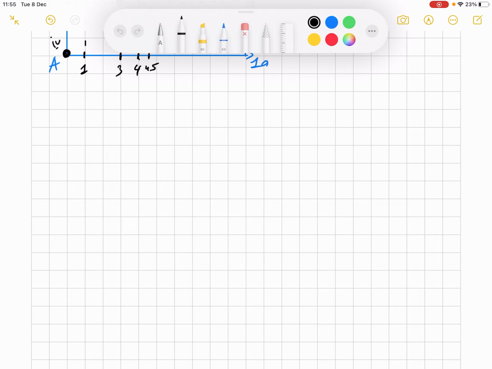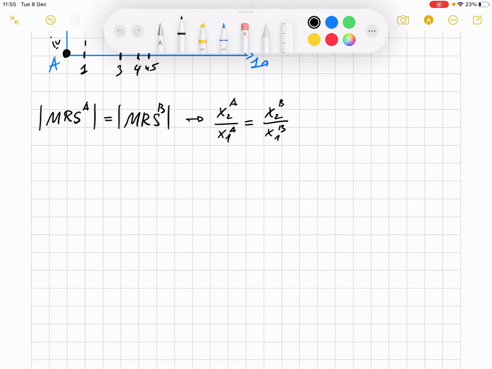The Pareto set satisfies the condition that the marginal rate of substitution of A should be equal to the marginal rate of substitution of B. So we just have to find the marginal rates of substitution. We take their utility functions and we find their marginal rates of substitution.